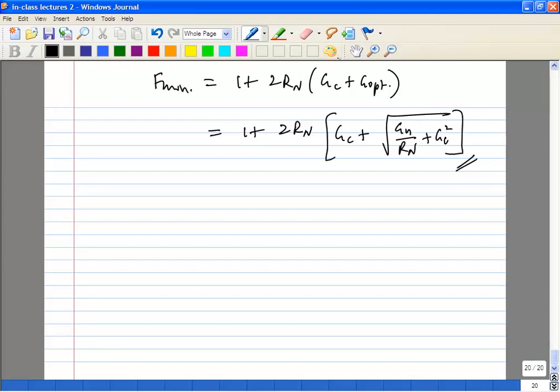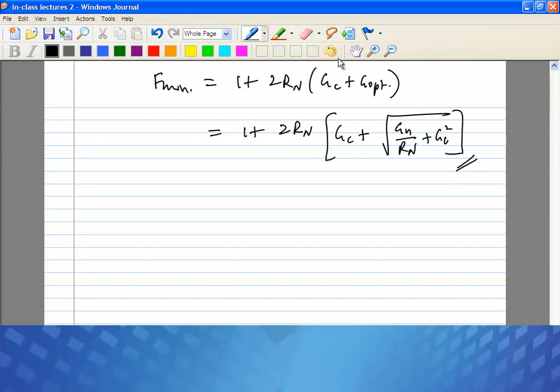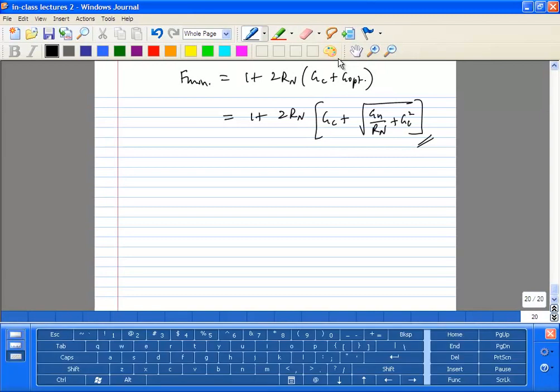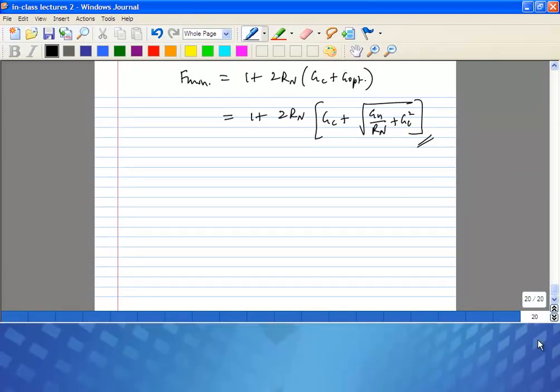Okay. So we've basically written it in terms of those 4 parameters which we wanted to. Okay. Rn, Gc, Gu. Those are the important ones. Okay. So now let's try to rewrite it slightly differently also.